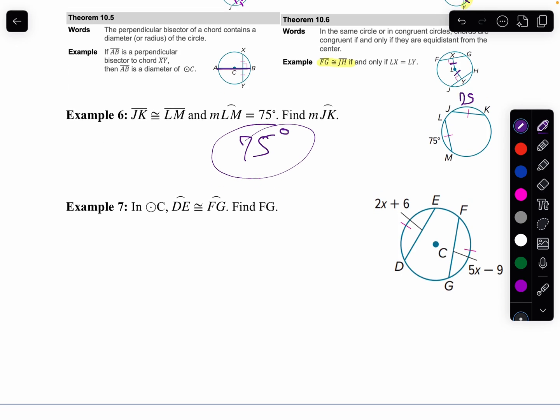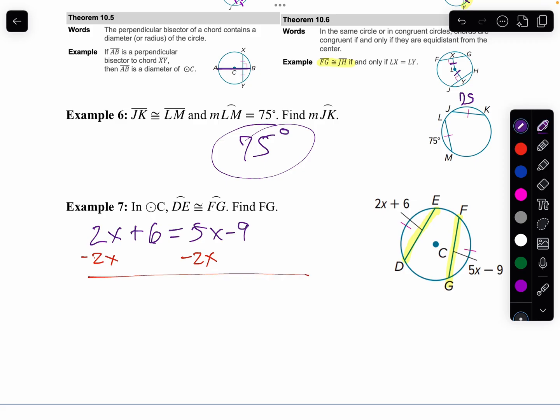I know D to E is congruent to F to G, so I know those segments are going to be congruent. I'm going to say D to E is the same as F to G, or in this case, 2x plus 6 equals 5x minus 9. And we're just going to solve that equation for x. So let's subtract 2x from both sides.